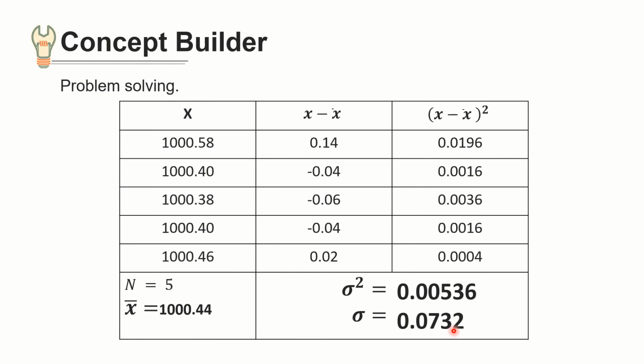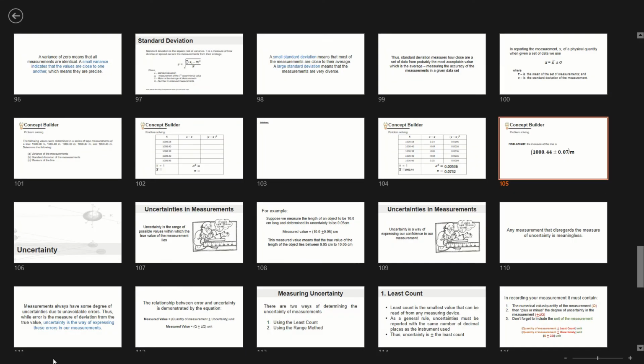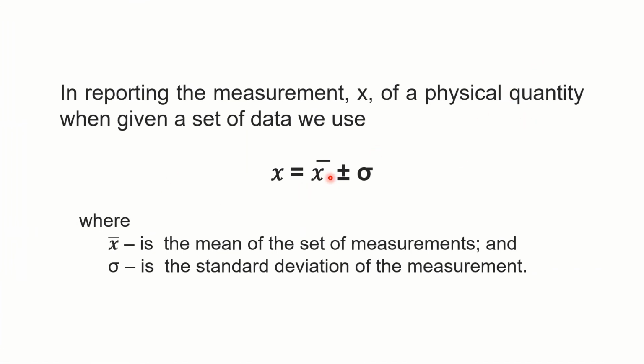So now we have completed the information. How are we going to write the final answer? Remember that in reporting the measurement for a data set, we use this format: our measurement is equal to the mean plus or minus the standard deviation.